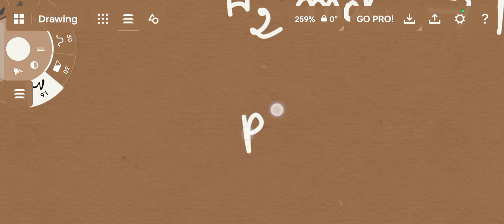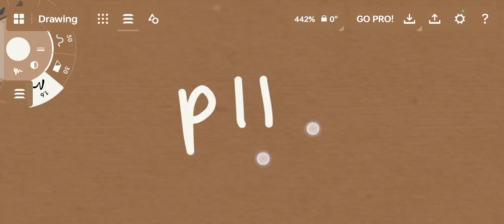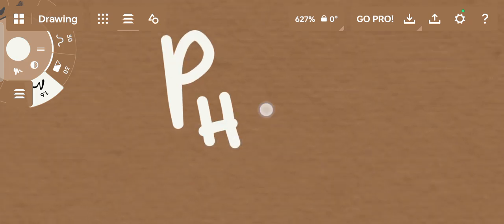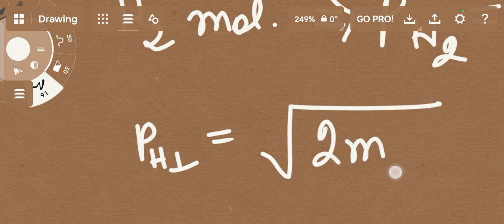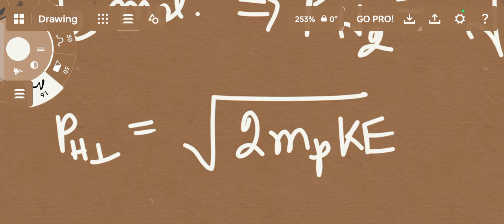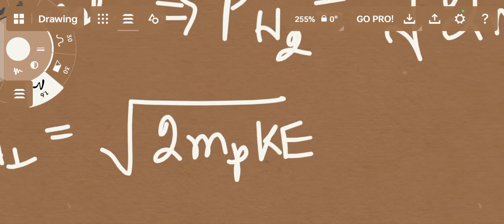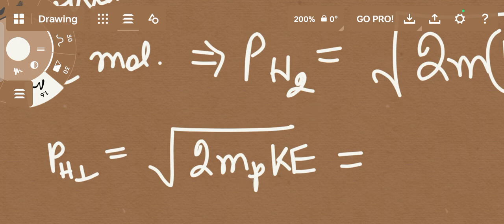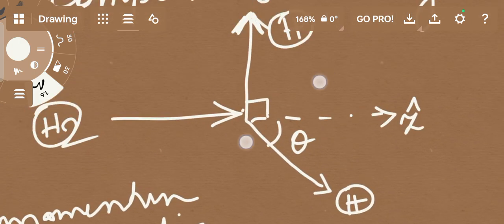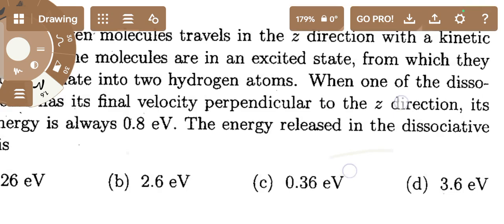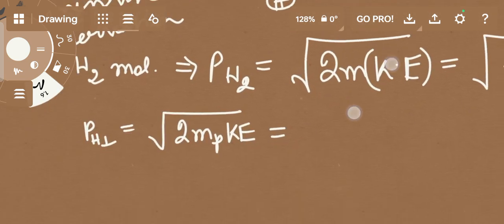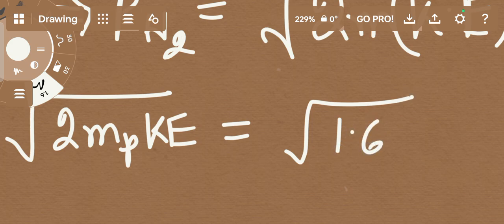So we can say p_H perpendicular is again root 2 m_p into K. It is one proton, so we can take it as one proton atom. The kinetic energy is 0.8 electron volt in the perpendicular direction, given in the question, so it is 1.6 m_p.